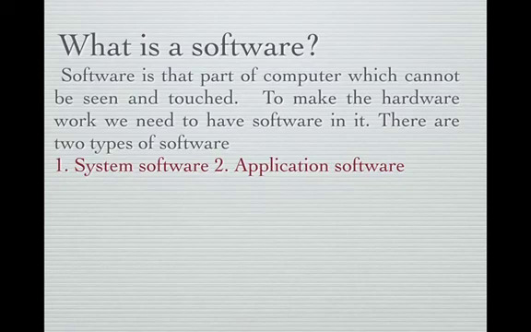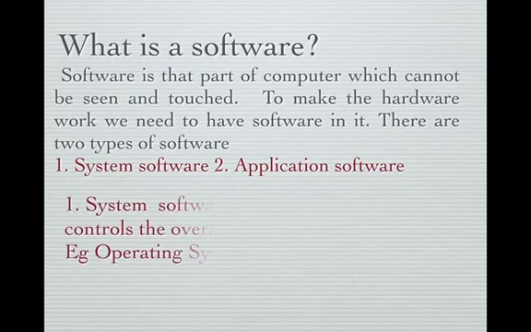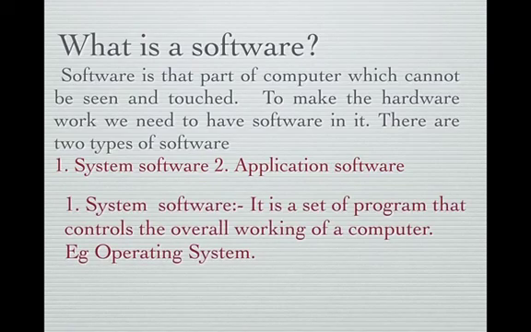Now let us see what system software is. It is a set of programs that controls the overall working of a computer. In our book, we got the example of an operating system. System software is nothing but an operating system. Now, what is an operating system? OS, operating system.